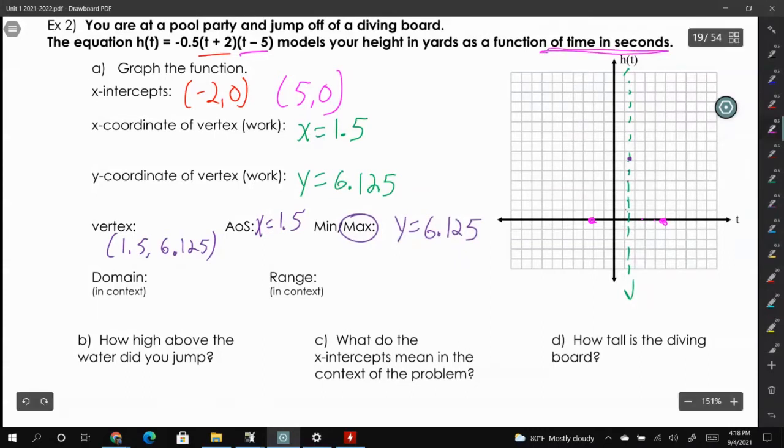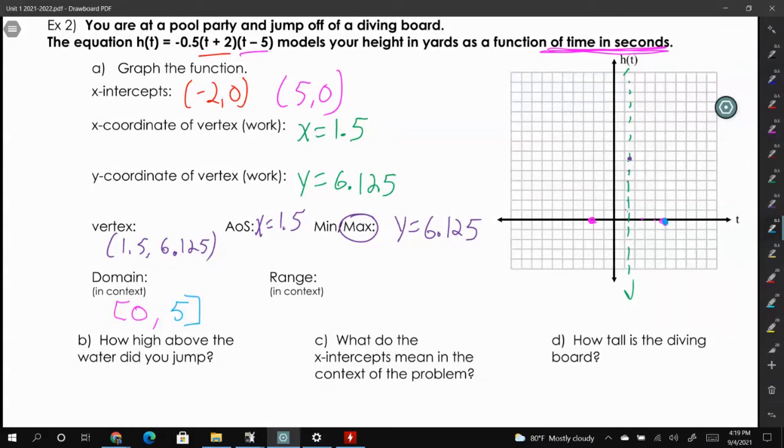T is representative of our time, so it would not make sense to have negative time. So that means our domain will start at 0, and it wouldn't make sense to have infinite time, because eventually we do hit the water. We hit the water right here at 5 seconds. So our domain is 0, comma 5. That's a duration that we are in the air.